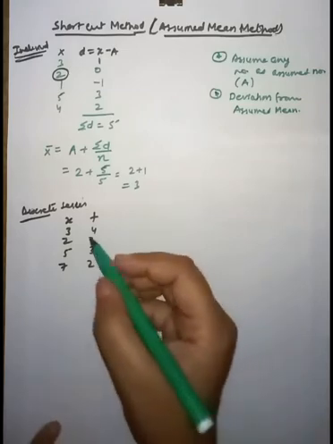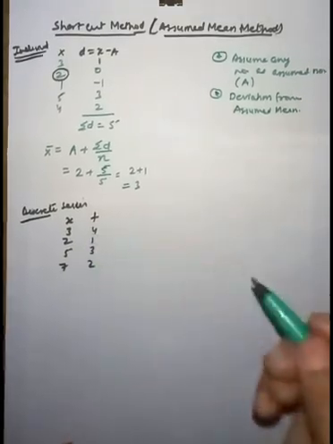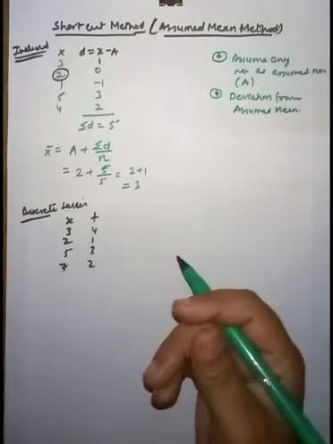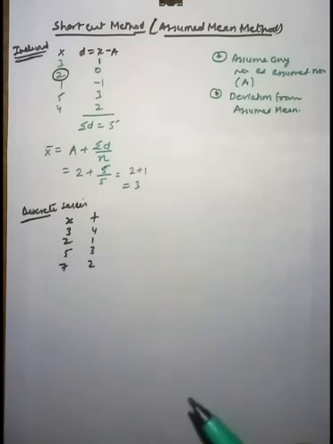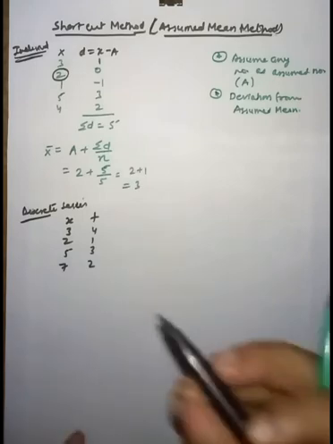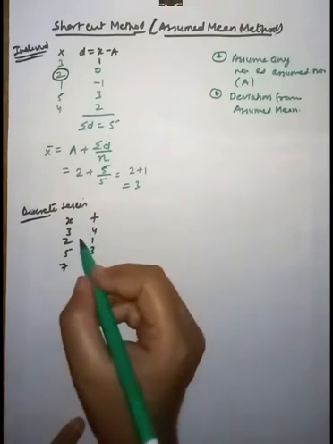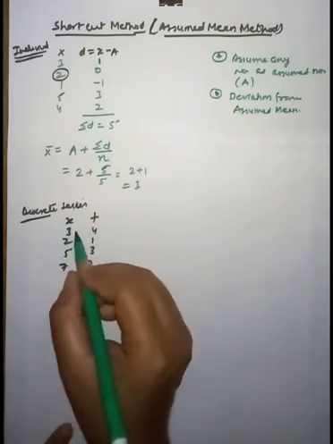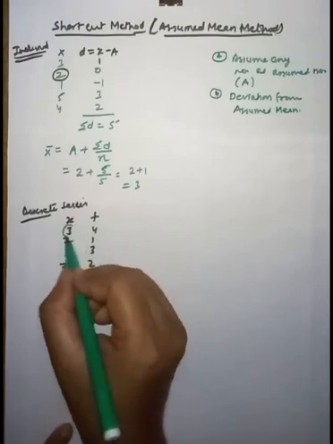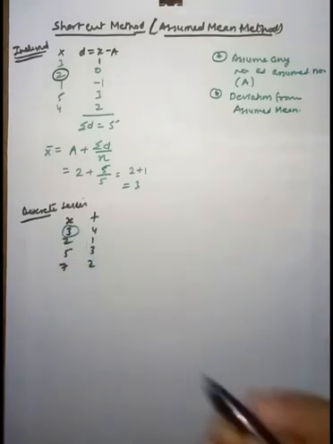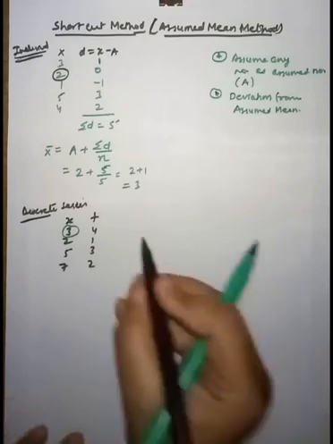Now again in this case I take an assumed mean, suppose 3. So here find the deviation.